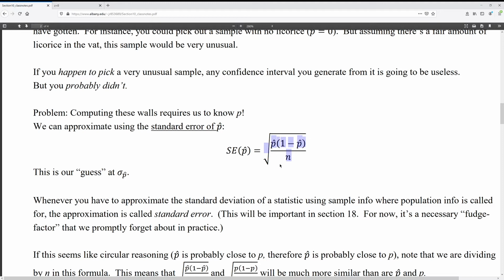If we put our guess into the formula where this guy was really called for, then we have an approximate 95% confidence interval. For now, it's just a necessary fudge factor. Again, if you knew p, you wouldn't be looking for p hat, so you can kind of just forget about it. But it will be important in section 18.